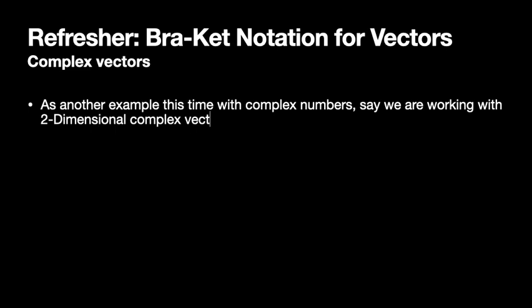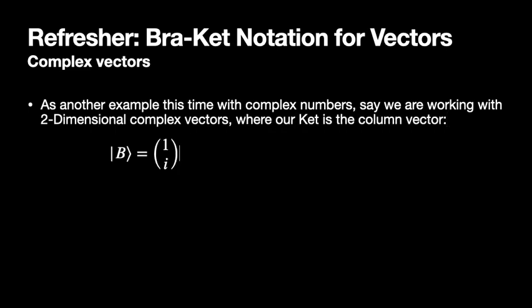This time, let's again take a two-dimensional vector, but let's introduce complex numbers into our vector space. So for instance, I might have a ket B with entries 1 and i, just like you can see on the slide. So one of the entries is real, 1, but the second entry i denotes the fundamental complex constant i, which is the square root of -1.